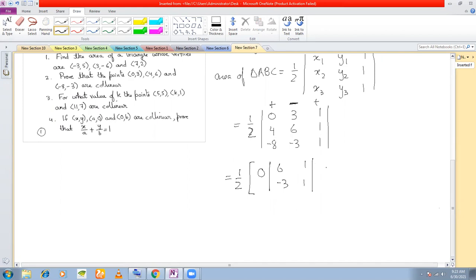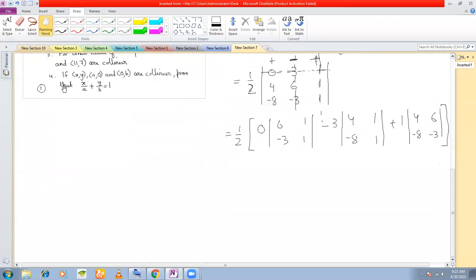Next is a minus sign. So give a minus, and there is an element here, 3, into the minor of 3. We delete this row and this column to get the minor as 4, 1, -8, 1. And next is a plus position here. So give a plus 1 times the determinant. You delete this row and you delete this column. So you get 4, 6, -8, -3. Right? So let's see what value we are getting.